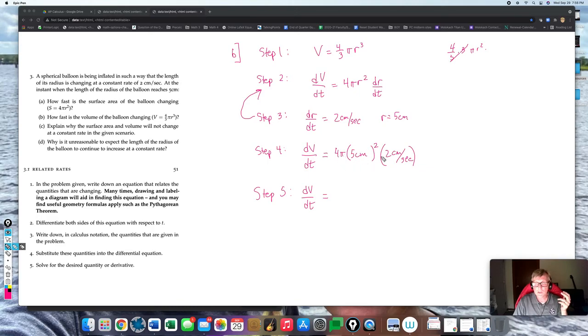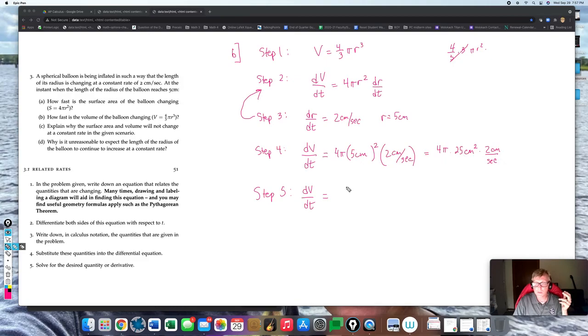And let's see, this is going to work out to be 4 pi times 25 centimeters times centimeters times 2 centimeters divided by seconds. Yep, centimeters times centimeters. 5 centimeters times 5 centimeters is 25 square centimeters, right? All right, so we're going to work all this out.